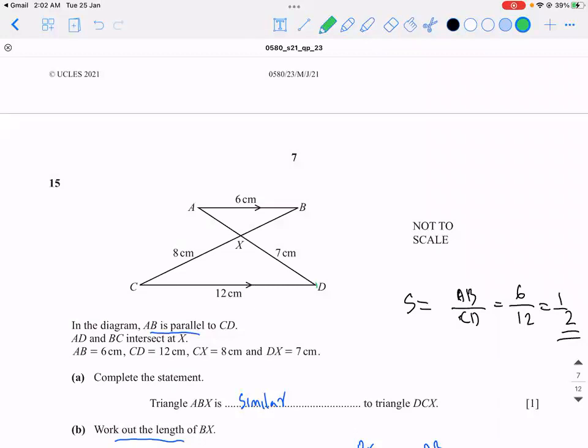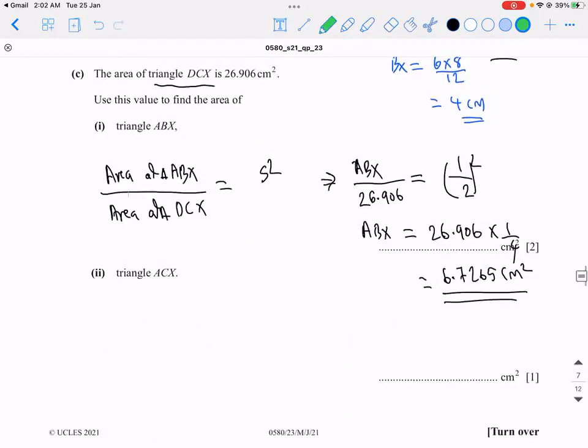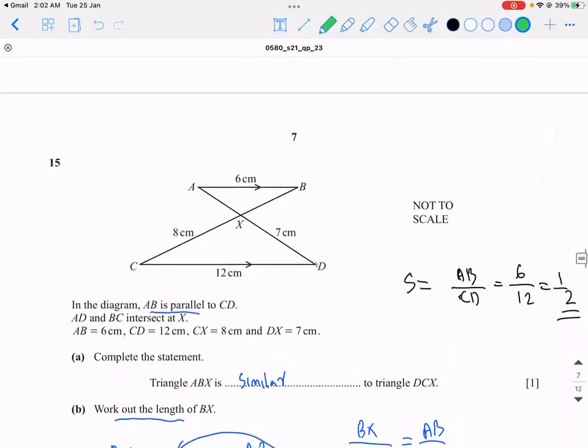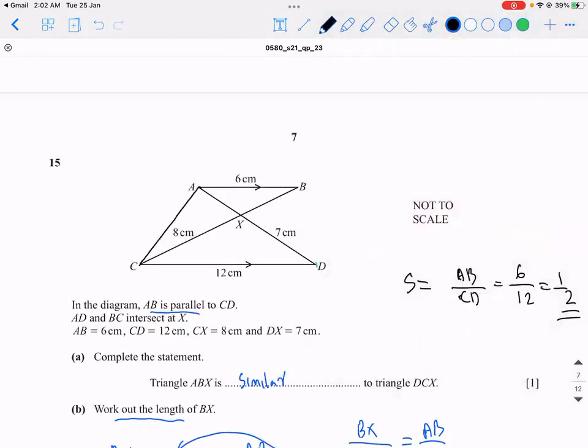When we are speaking about this question C2, what is ACX? ACX means this one, right? See, interestingly, if this is 8 and this is 4, then it is actually half.